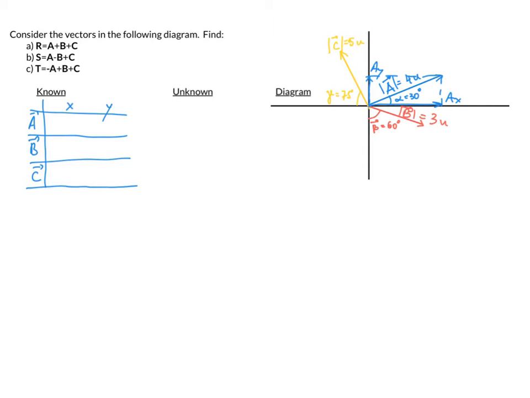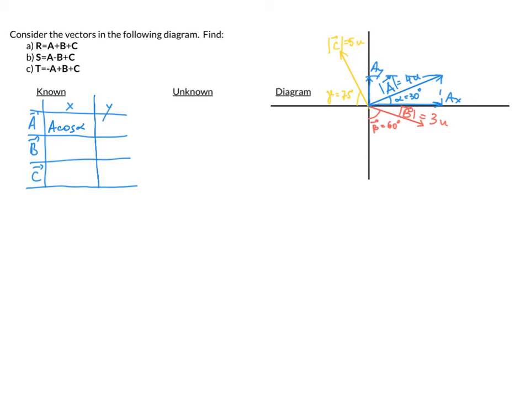And I notice that a sub x is adjacent to the 30-degree angle, so adjacent goes with cosine. So I'm going to write here a sub x is a cosine, and the name of the angle is alpha.